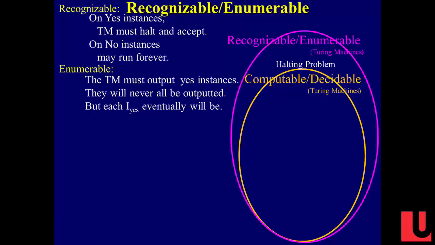Anyway, we say a computational problem is enumerable if there exists a Turing machine that might run forever. And what it does as it runs forever is it keeps spewing out yes instances. It never spews out no instances, and each yes instance will eventually be outputted. So that's called enumerating the yes instances.